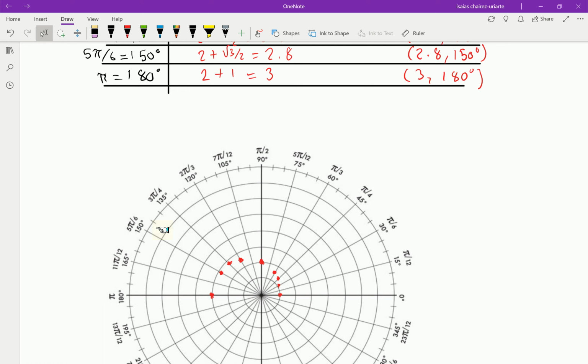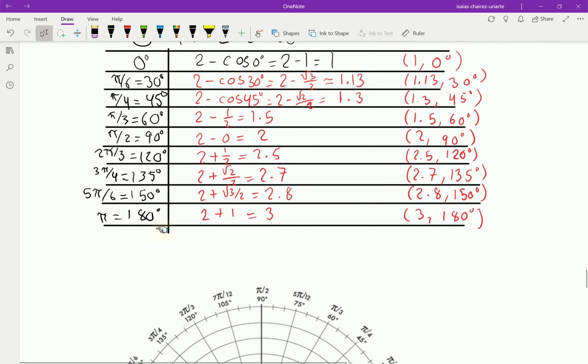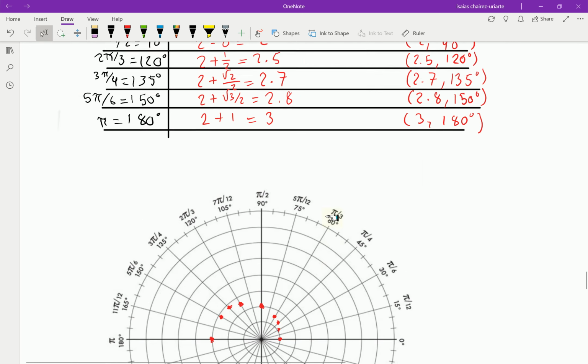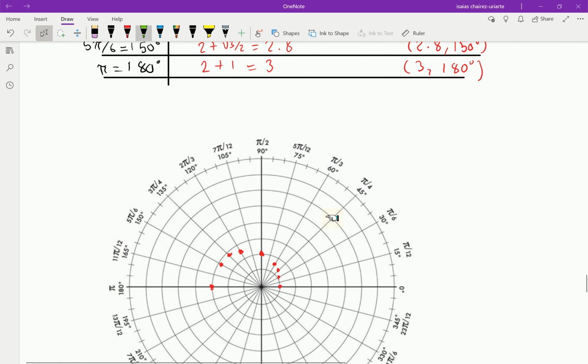So far, that's about 9 points right there. I would need probably another 9 points to sort of see the whole picture here. But I encourage you to put your calculator in polar mode and then just enter into your graphing utility 2 minus cosine theta. And you should see that this little graph looks something like this. Let me sort of fill in the dots here.